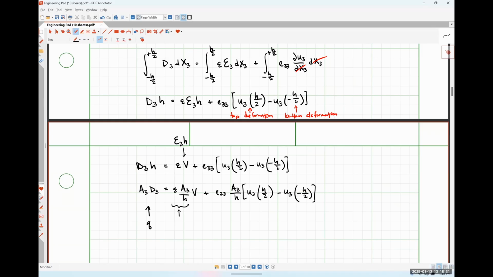So if I had a parallel plate capacitor, what's the expression for a parallel plate capacitor? Epsilon A over some distance. So this is a capacitance, and hopefully that should make sense because we know that charge should equal capacitance times voltage, and we've got some term being multiplied by voltage, and charge is on the left-hand side.